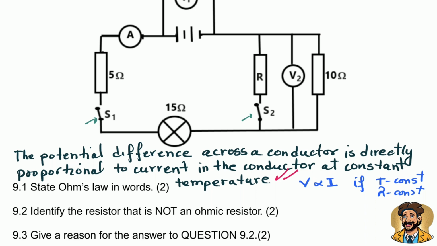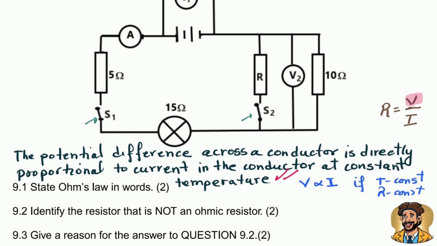Now, what I want to show you here is that in the exam, they give you the formula, but you have to be able to read it. The formula that they are going to give you is in a specific way. So this formula like this, you cannot read as Ohm's law. You have to rearrange it in terms of potential difference.